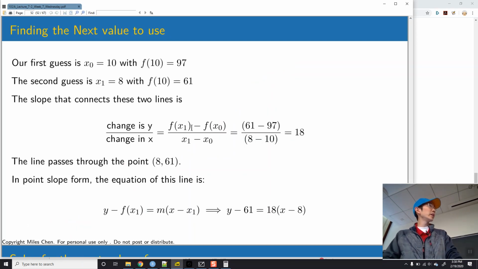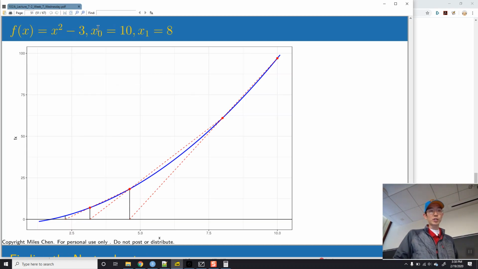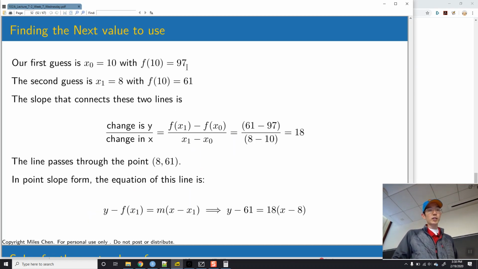The change in y is f of x1 minus f of x0, and the change in x is x1 minus x0. For our points, our function is x squared minus 3, so x0 is 10, f of 10 is 97, x1 is 8, and f of 8 is 61, since 8 squared is 64 and 64 minus 3 is 61. So 61 minus 97 divided by 8 minus 10 is equal to 18.